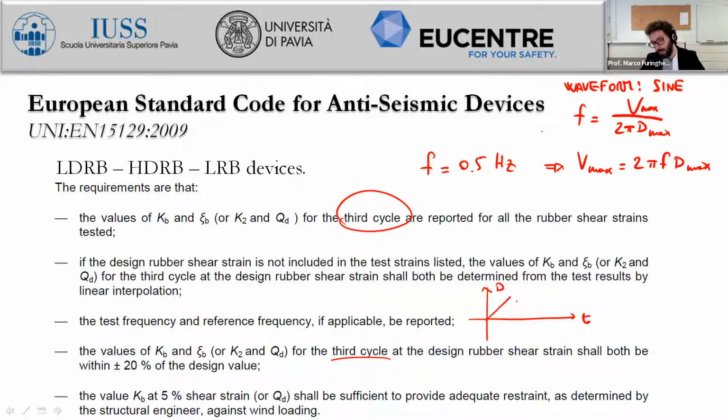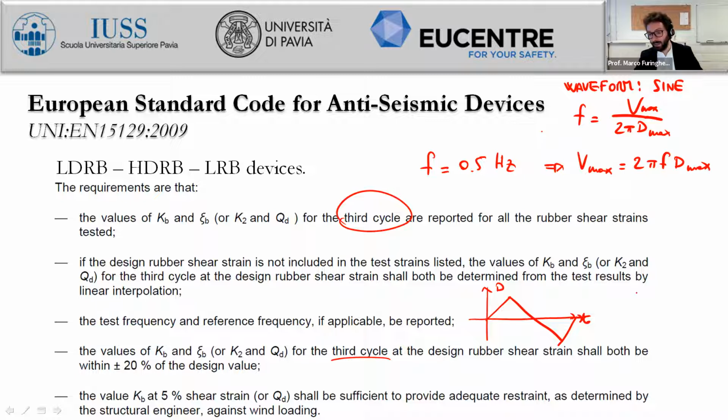If we have something like this, this means that the slope for each branch is constant, and the slope of the displacement time series is the velocity. So for all the branches of this waveform, we have a constant velocity.